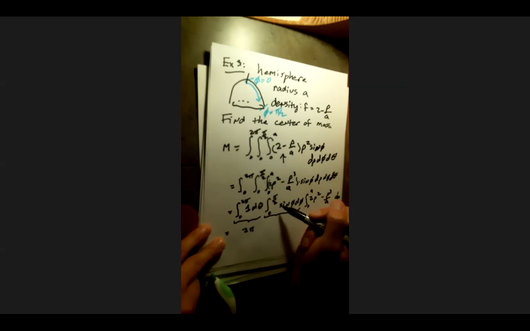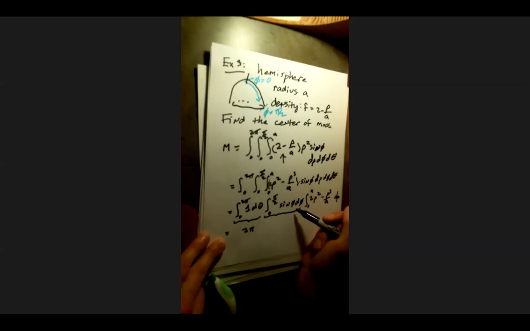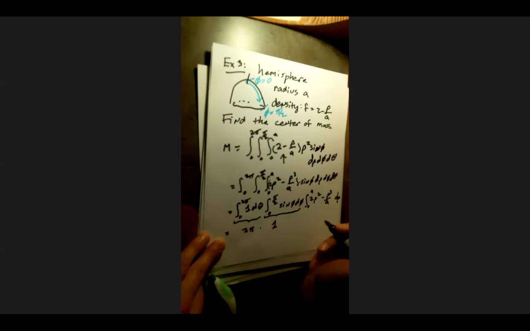The integral from 0 to pi over 2 of sine phi, this is the area under half a bump of the sine curve, and that's just 1. This is like a random fact that I know.